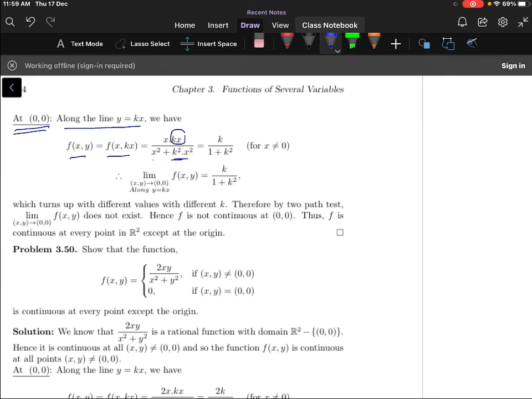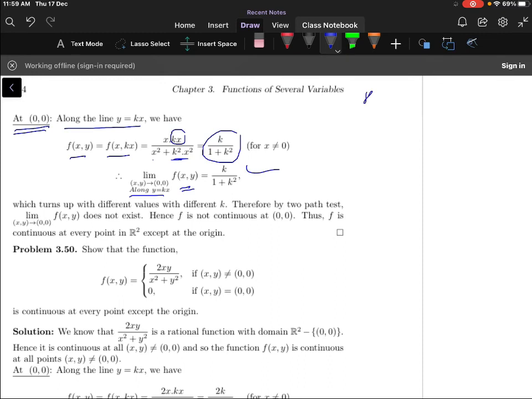So x square gets cancelled in the numerator as well as the denominator, and the result is k by 1 plus k square. Therefore, the limit as x comma y approaches 0 comma 0 along the path y is equal to kx of the function f is k by 1 plus k square, where k is arbitrary.